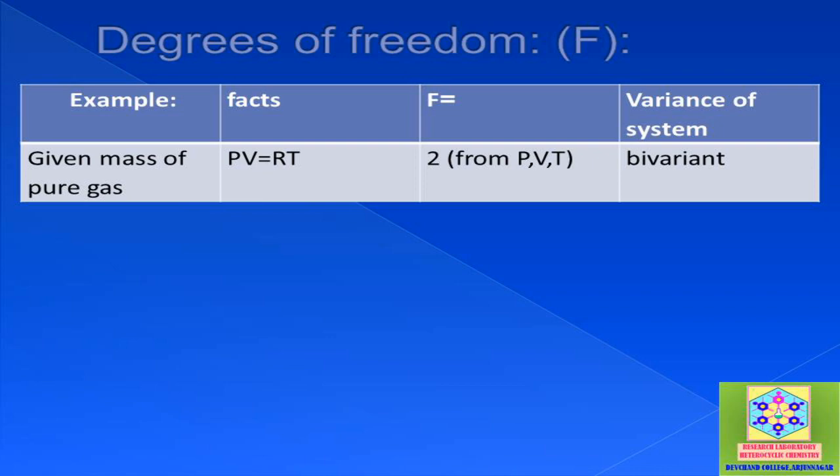Because if we know the pressure and volume, we can know the temperature. If we know the volume and temperature, we can know the pressure. And that is why this is an example of a bivariant system. Degrees of freedom F is equal to 2.